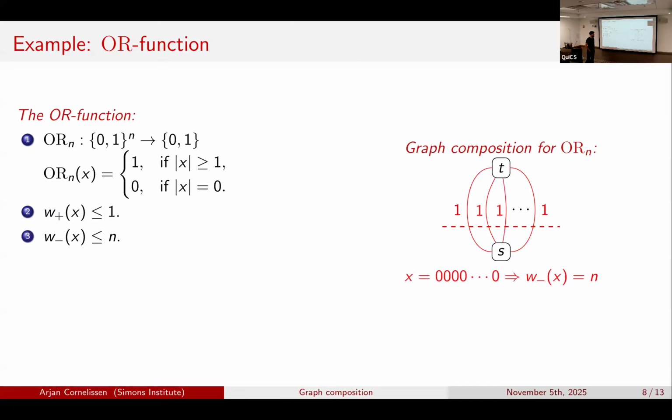On the other hand, if we have a negative instance, so let's say that we have the all 0 string, then we can cut the graph like this, and we end up cutting n edges, each having negative witness size 1. So then we have negative witness size n. And now what you can do is compute the complexity, which will be square root of n. And so you see that the resulting query complexity will be square root of n.